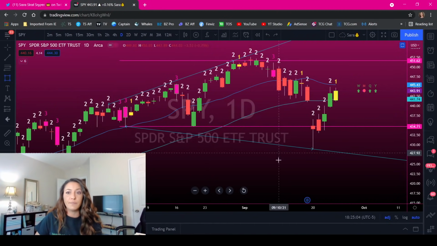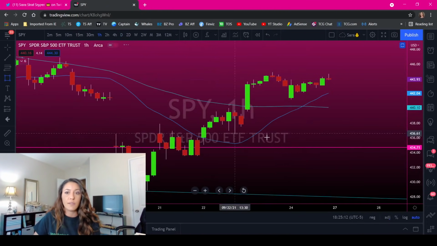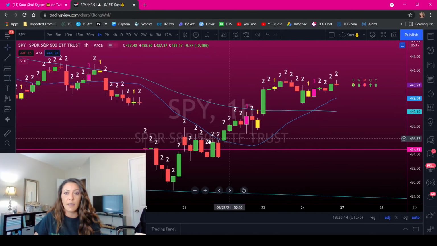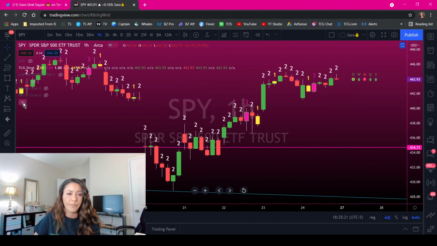So let's go to the SPY hourly. That chart was from this day, so the lows. So let's go back. Let's get rid of these moving averages because I don't use them or like them.